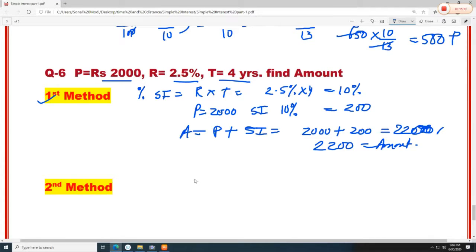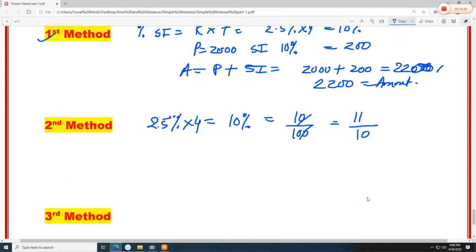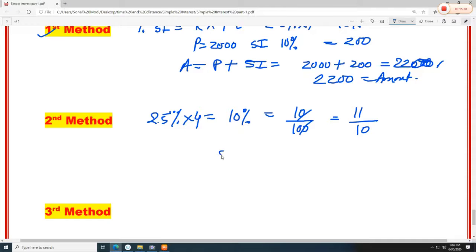Now the second method. In the second method we find 2.5% into 4, that is going to be 10%. 10% is 10 over 100, so 10 plus 1 is 11 over 10. Now the principal amount is given, that is 2000, times 11 over 10, so that is going to be 2200 is the amount. Here we used the whole value method.